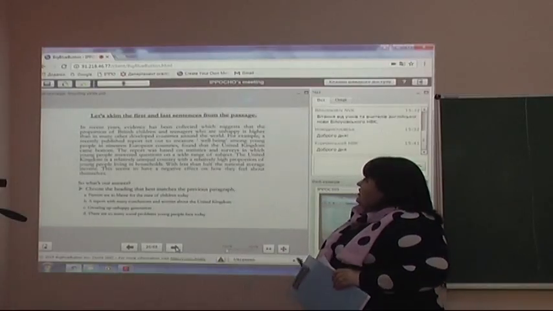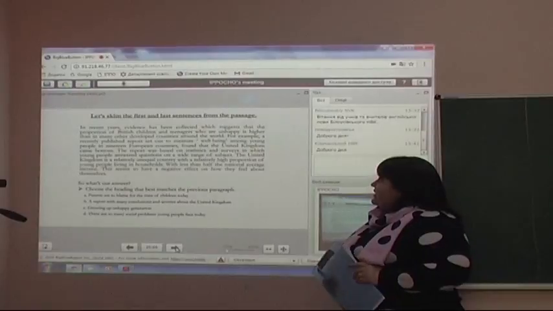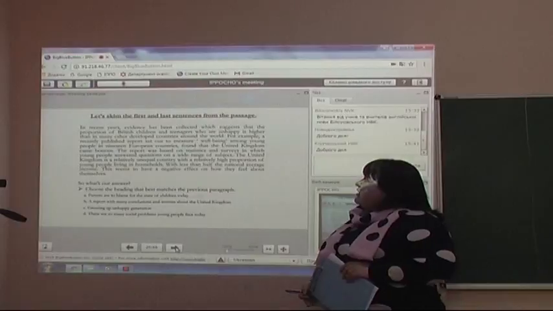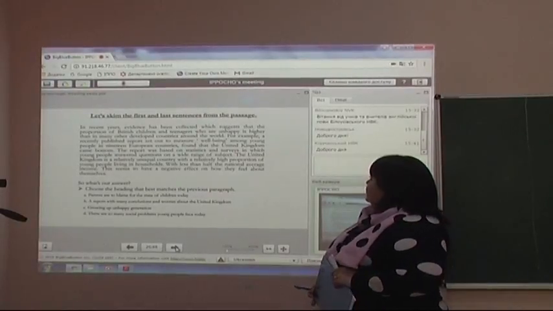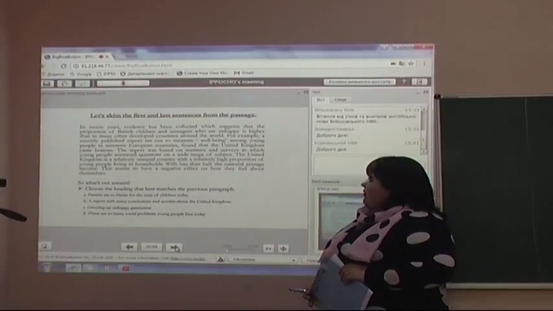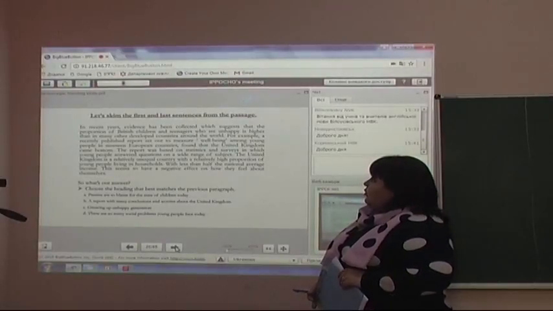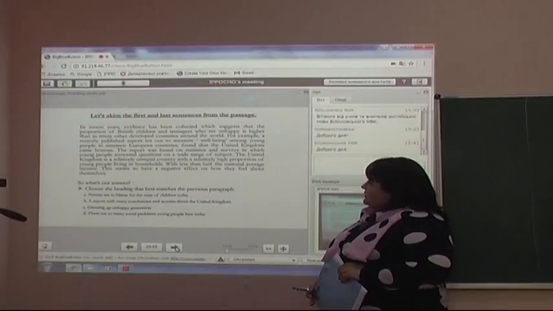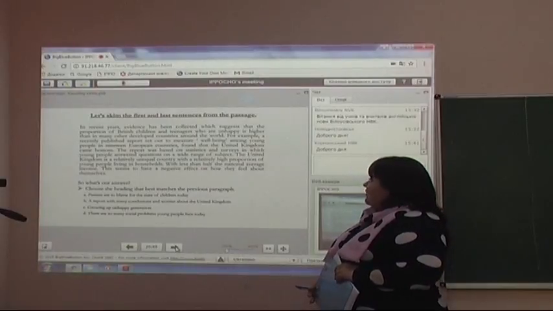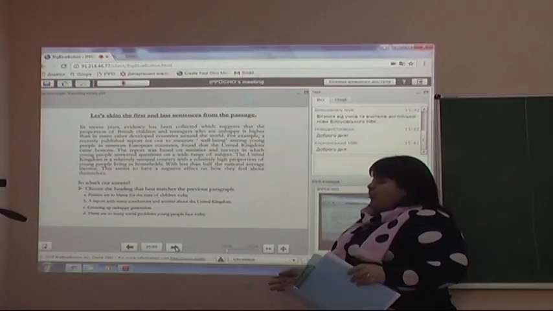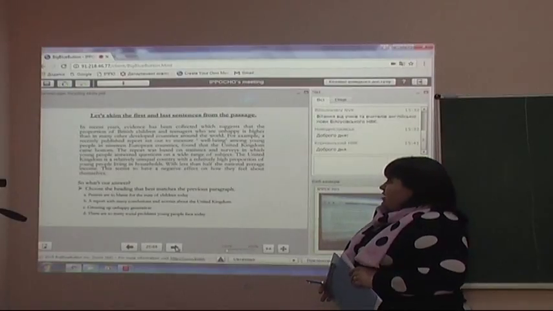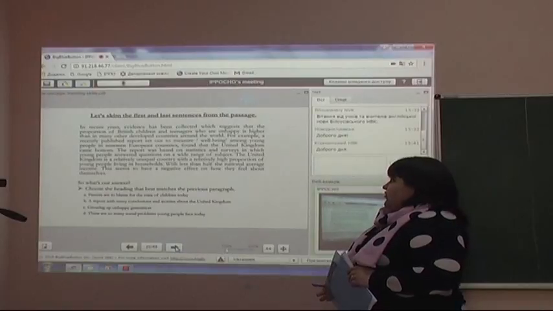Let's go further. Let's skim the first and the last sentence from the passage. In recent years, evidence has been collected which suggests that the proportion of British children and teenagers who are unhappy is higher than in many other developed countries around the world. And the last sentence: this seems to have a negative effect on how they feel about themselves. So, our answer is: parents are to blame for the state of children today.